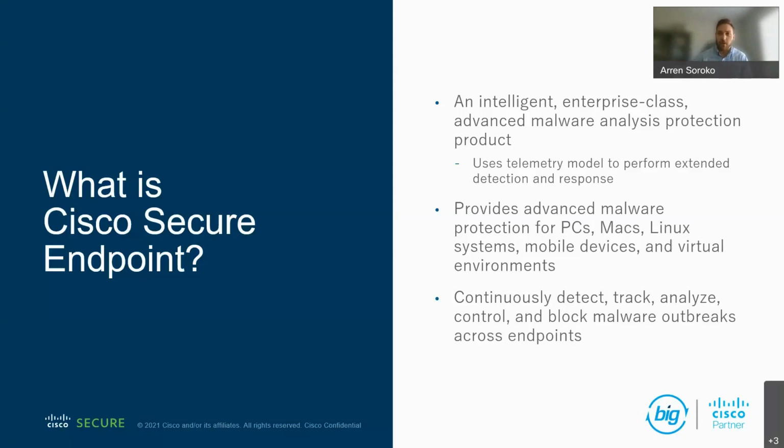Cisco Secure Endpoint is software that uses a telemetry model to perform extended detection and response. Telemetry is really all about correlation, and it is something Cisco does extremely well. The telemetry model correlates events to information, making it easier for a person to track the progress of a breach from malicious software.